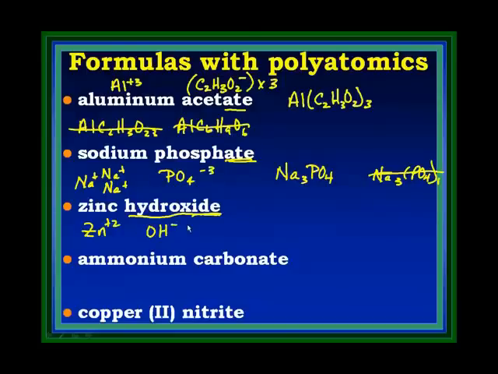It's OH-. Now, I need 2 of those OH- to cancel out that zinc 2+. Again, I'm going to need parentheses. So Zn, I only need 1 zinc, and then I need parentheses like that to show 2 of the hydroxide groups.